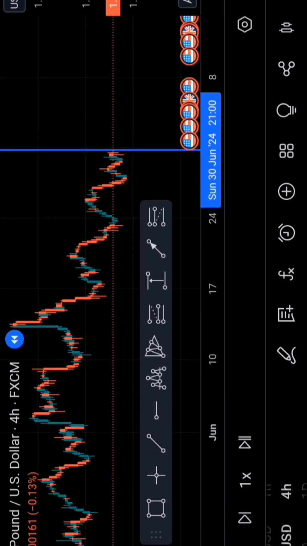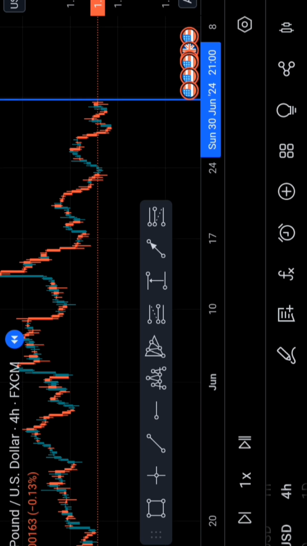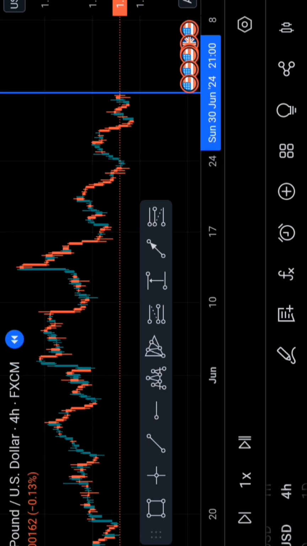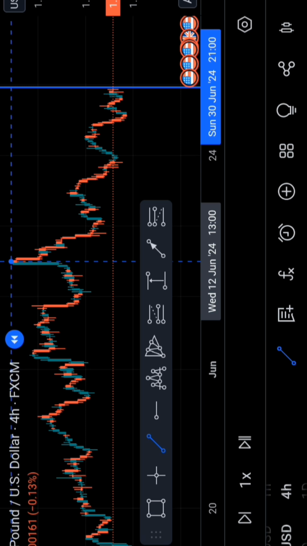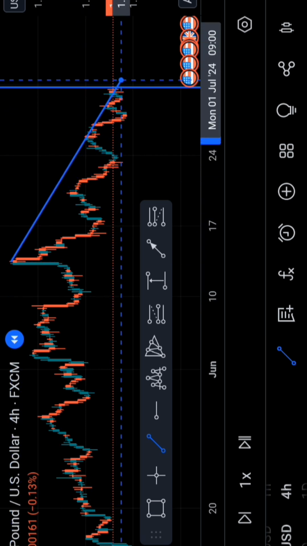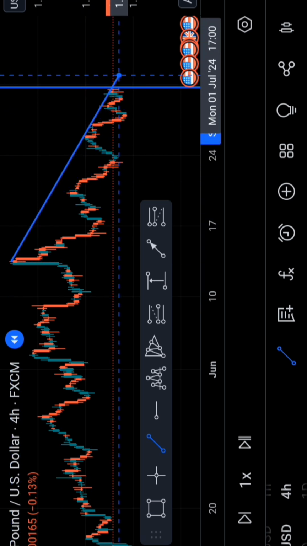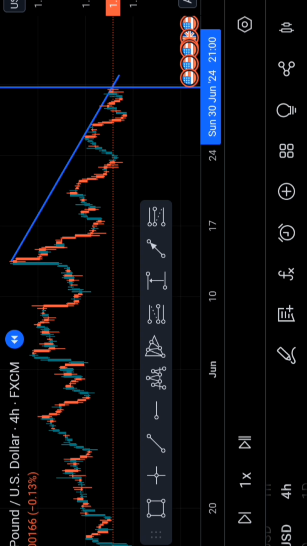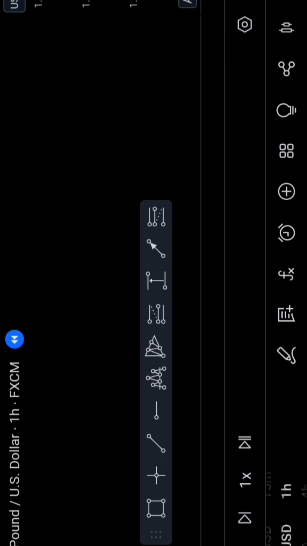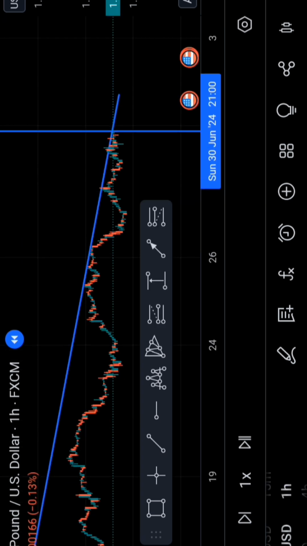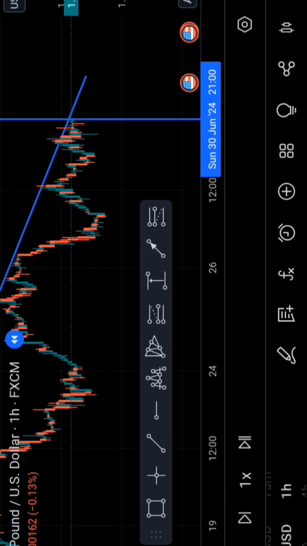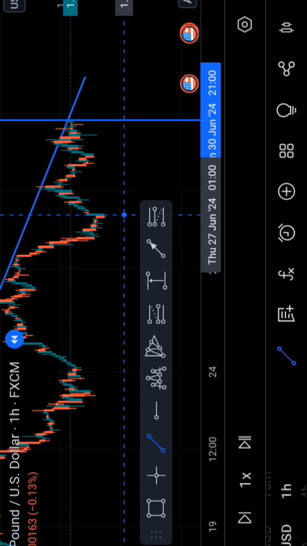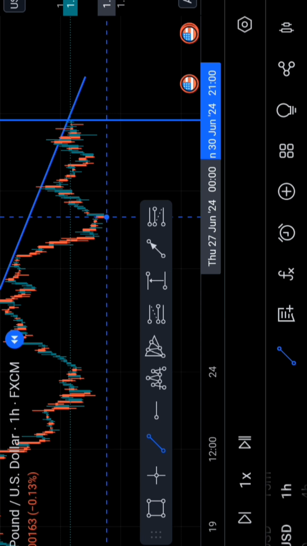Currently, according to my strategy, the 4 hour is a downtrend, right? So I'm going to try and mark it out, something like this. On the 4 hour we're looking bearish. On the 1 hour, according to the strategy, it says make a trend line with at least 2 touches.